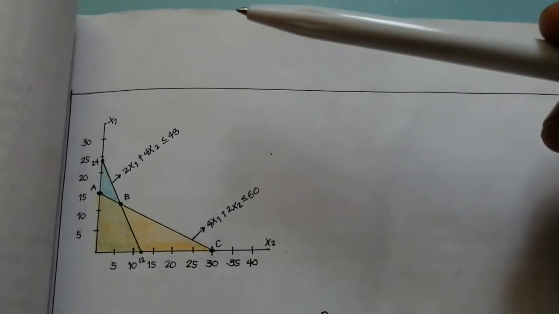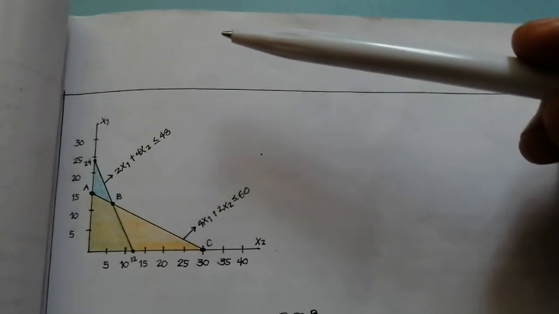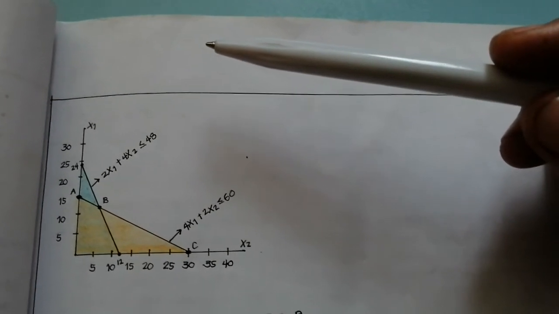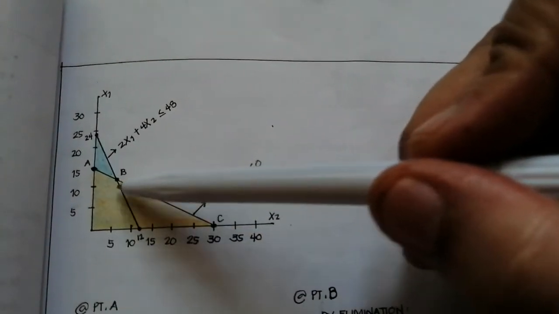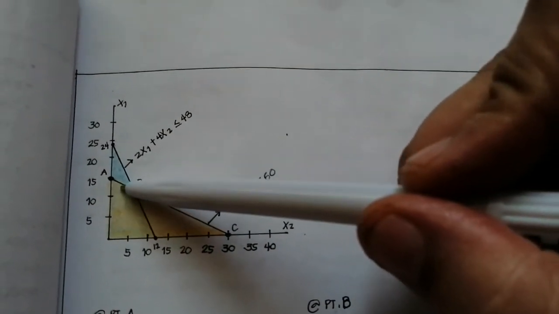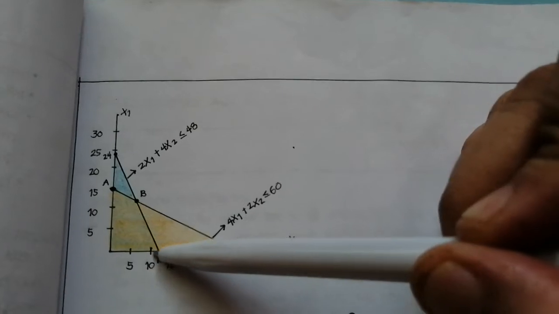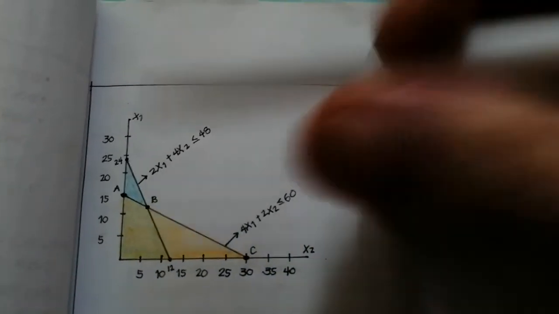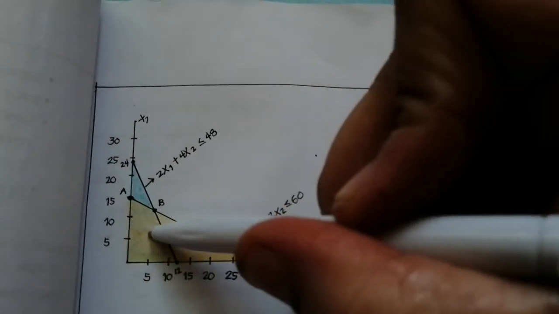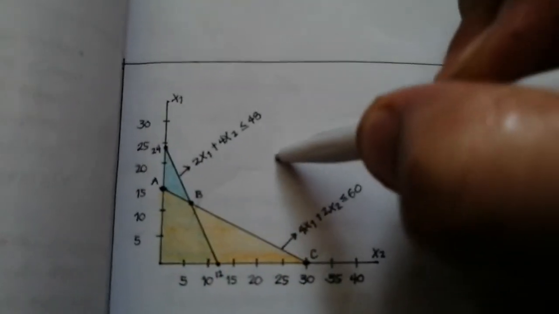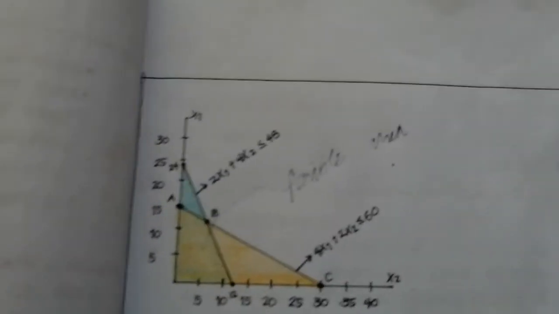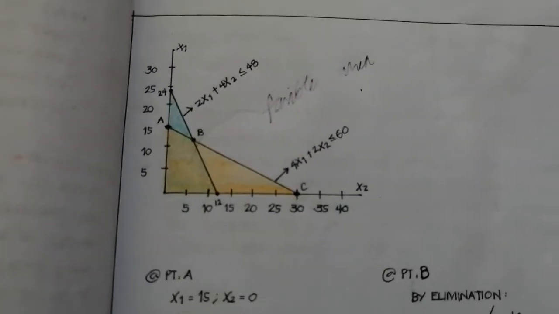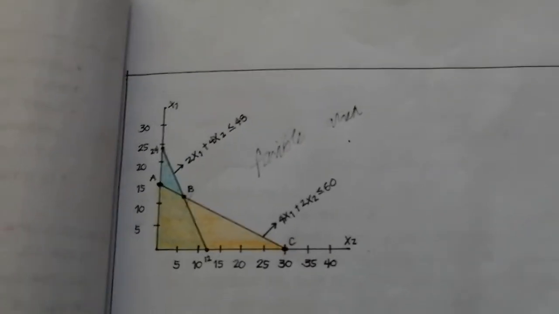So if we're going to compute or to shade the feasible area will be from here, going here, and here. So this is your feasible area.